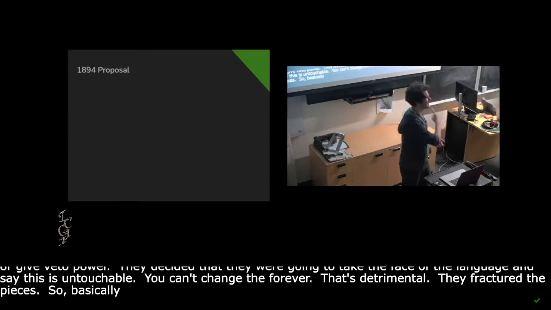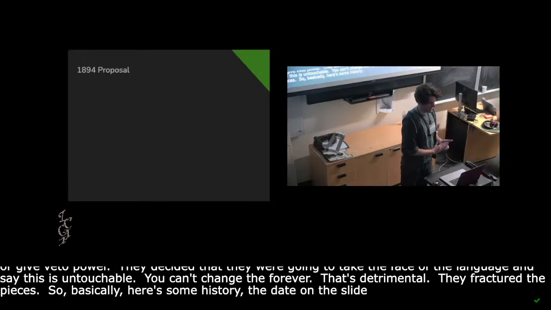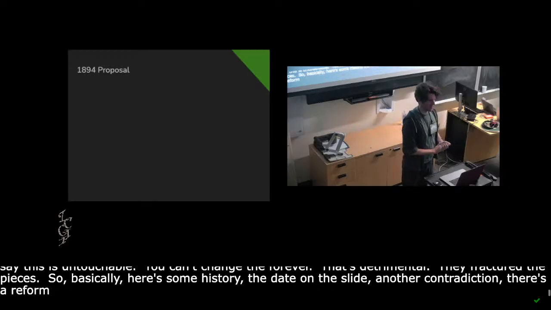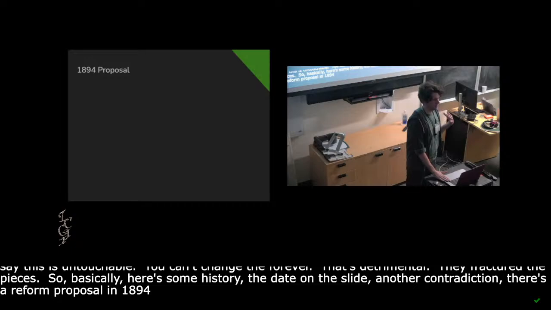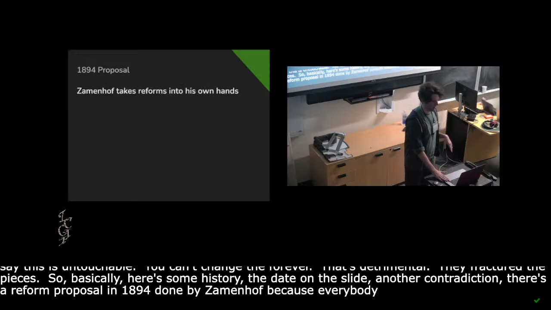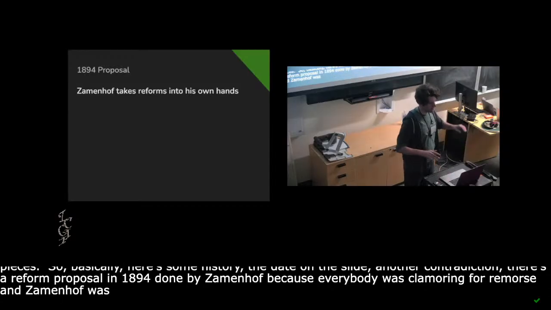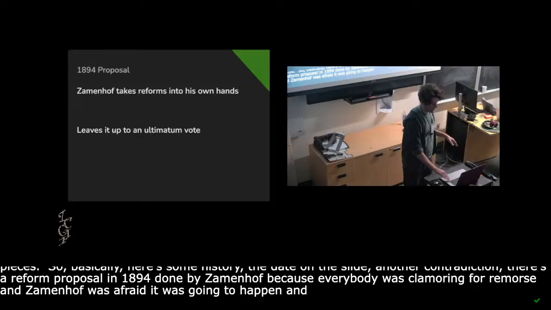So basically, just to cover some history. Oh, there's a date on this slide. Catch another contradiction. I said there wouldn't be those. There's this reform proposal in 1894 done by Zamenhof because everybody was clamoring for reforms. And Zamenhof was afraid that they were just gonna happen and he couldn't do anything about it. So he decides, I'm gonna make one reform and I'm gonna make it an ultimatum.